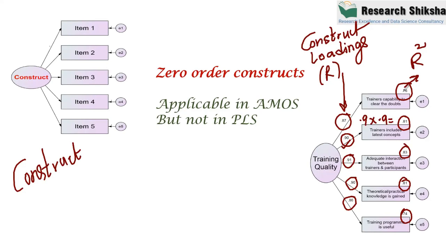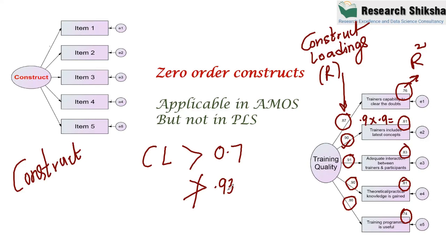The criteria is that the construct loadings should be greater than 0.7. This is the simple criteria to be followed. But one more thing, the construct loading should not be greater than 0.9, at least 0.95.